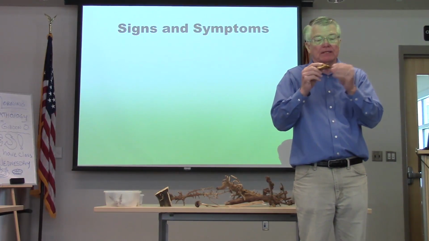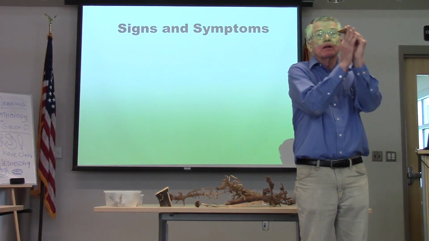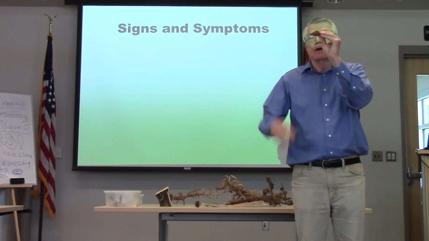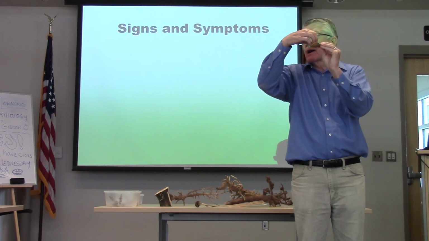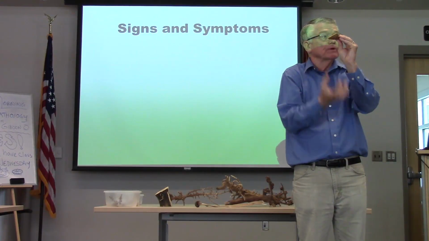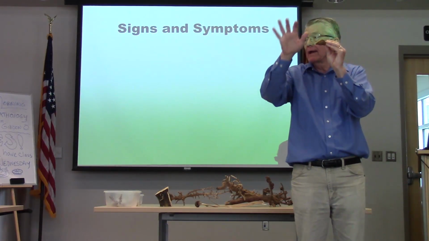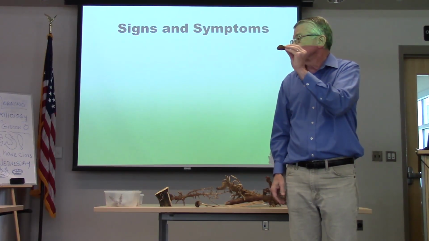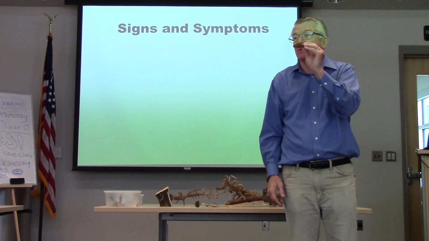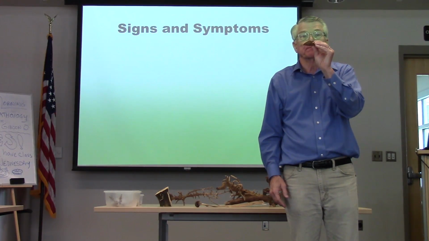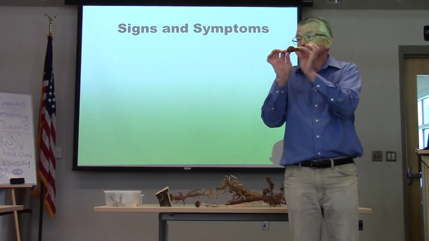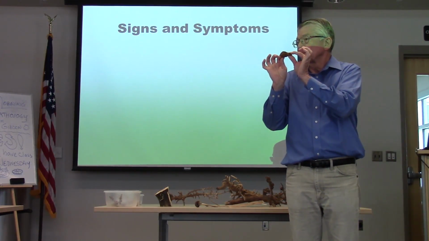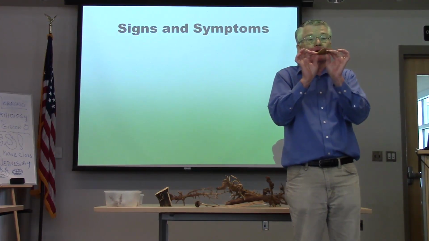So this sits in the tree like this. This part comes out of the trunk, and when it's time, it just releases the spores, and they blow away looking for another place where there is a susceptible host. This is a sign, because I can actually see the fungus.